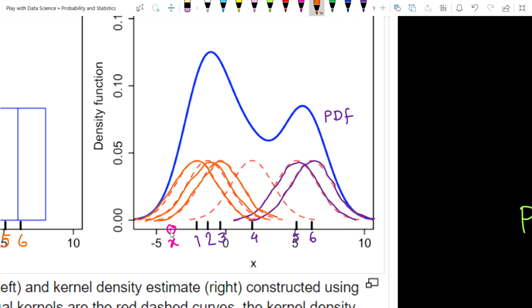Our point x lies here, and at this point we have values on these Gaussian curves. How do we estimate the PDF at this point?